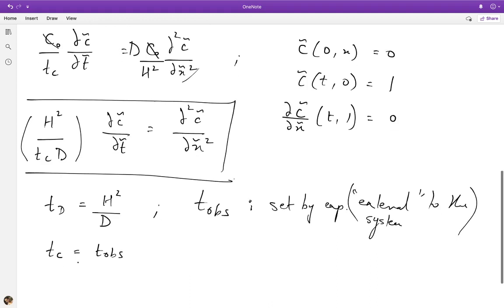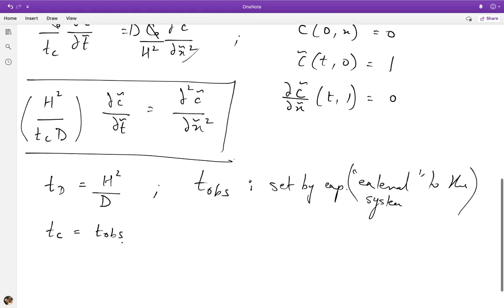So I choose my characteristic scale to be T observation, and if I substitute that here, you will see I get a non-dimensional group times dc tilde by dt tilde.